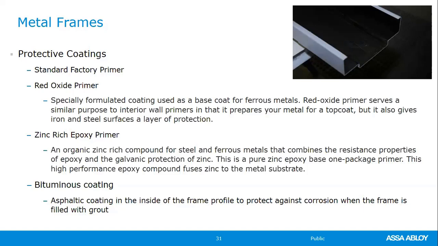Bituminous coating is the detail there at the top right. Years ago, probably 10 or 12 years ago, if a specification called for bituminous coating on these frames because they're going to be grouted, they wanted some sort of coating in the back of the frame to help slow the rust process from the inside out. The factory and the distributor would say that has to be done in the field, and we'd exclude it from the scope of our bid, because that material was so toxic that nobody wanted to touch it.